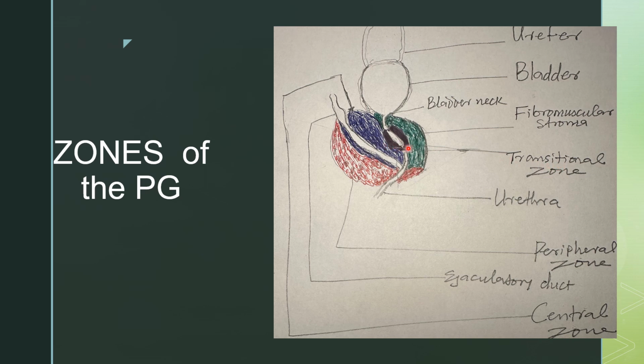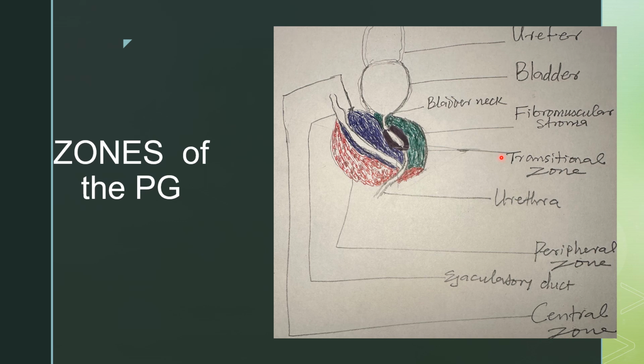Remember the density the other time, right? And I said it's the part that surrounds the urethra. You see the urethra is passing through here, and the transitional zone of the prostate gland is surrounding it. This is the part that commonly becomes affected when we are dealing with BPH, benign prostatic hyperplasia.